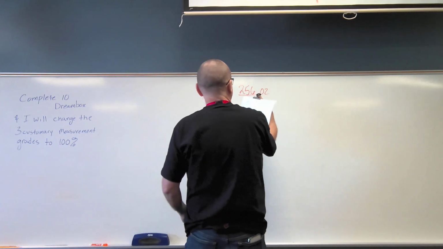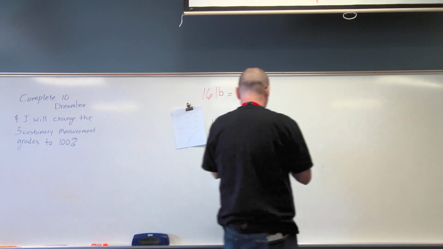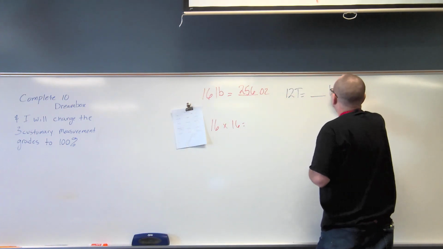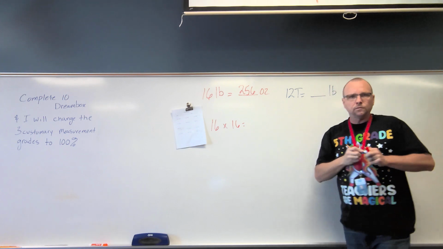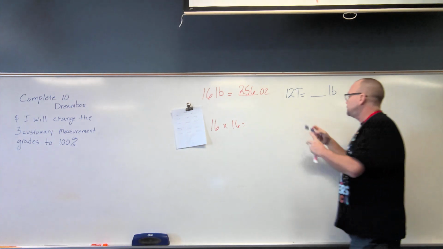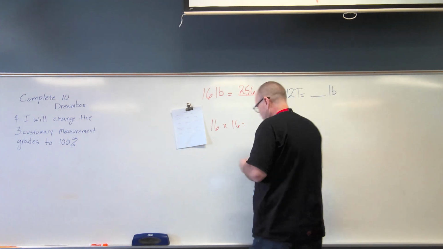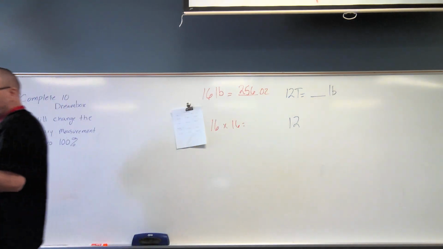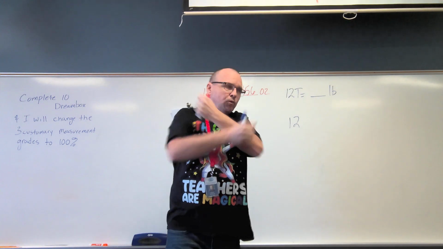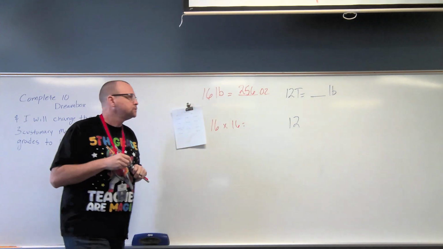All right, let's look at 12 tons equals blank pounds. Jonah, we're going to do something with this 12. Are we going to multiply the 12 or divide the 12? Multiply, because we're going from tons to pounds. What am I going to multiply it by? 2,000.